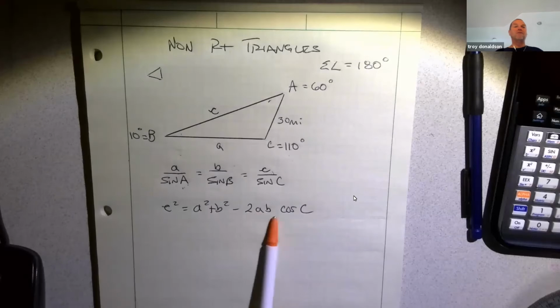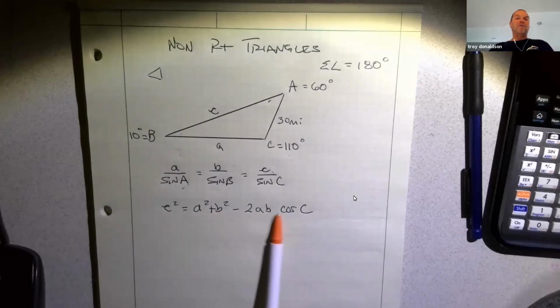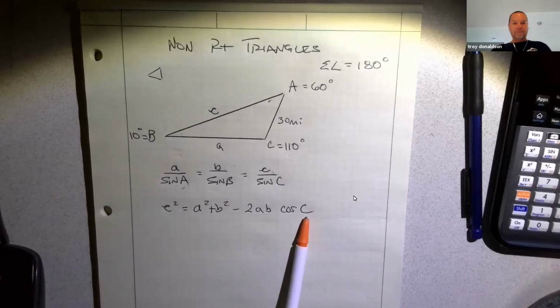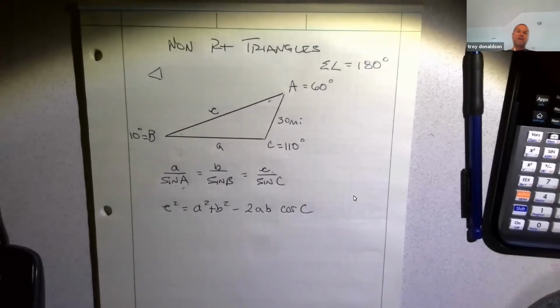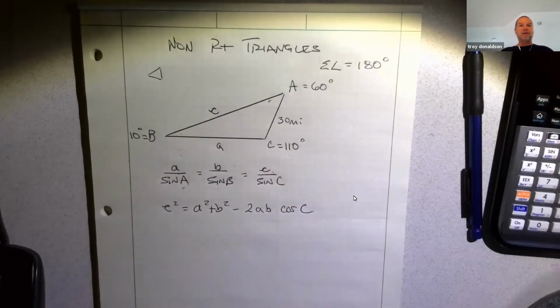So this most often works when you know all three sides and you want to find angle C. Okay. All right. So I'm not going to go too deep into this. I just want you to get the basics down, and we'll practice running this critter right here.